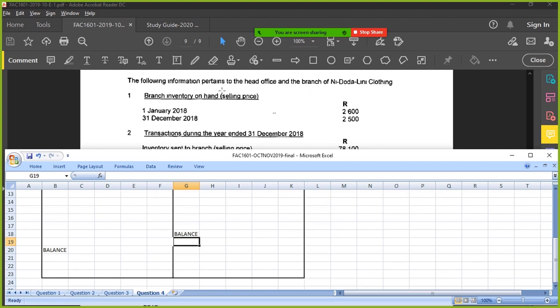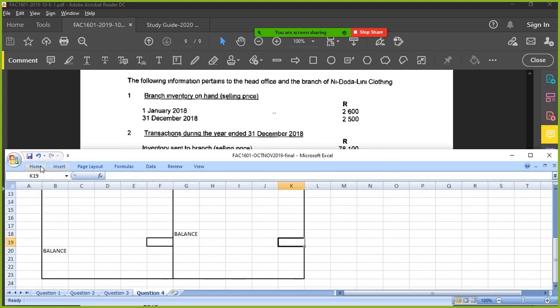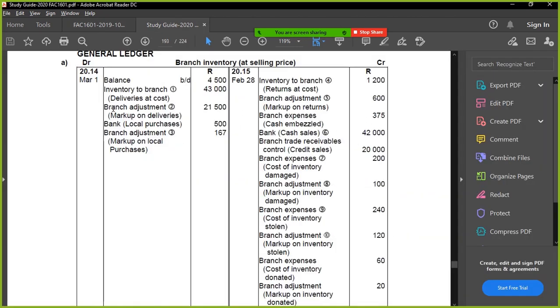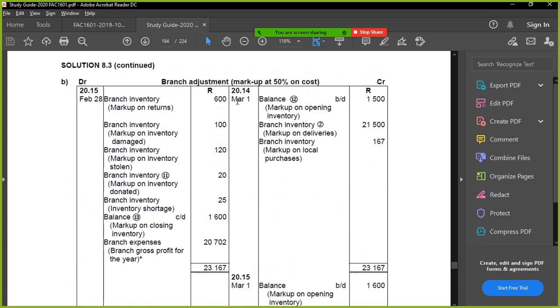This was at selling price, so because it's at selling price, we need to show cost and selling price. Even if you go back, you'll see here they had the balance, 4.5, and if you look at the branch adjustment, which was here, they also had the balance.